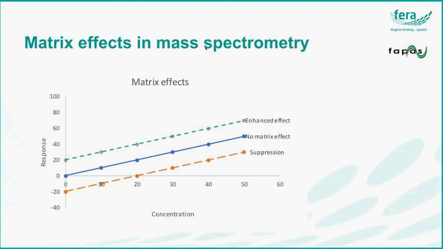If we're producing a calibration line, we aim to have a series of standards at different concentrations that are giving a linear response to those concentrations and going through the origin, that is the 0 point of that graph. So the solid line that is blue in the middle indicates no matrix effect.